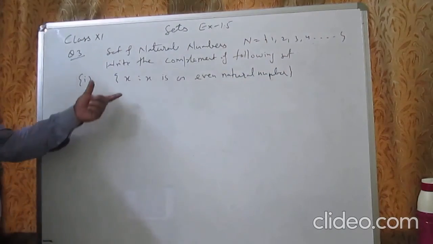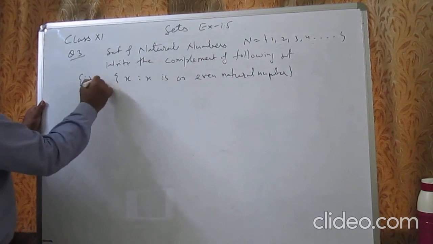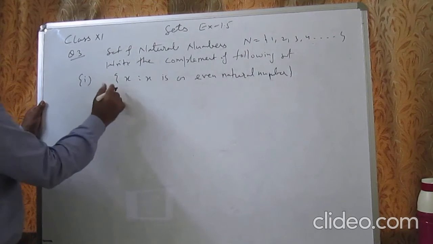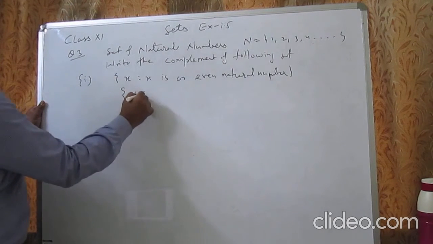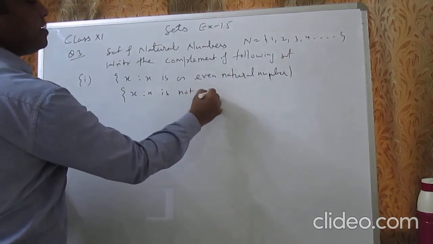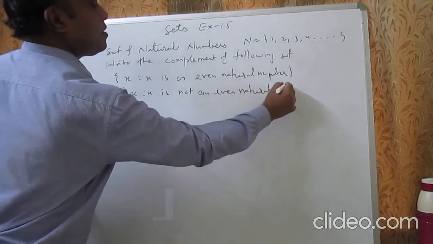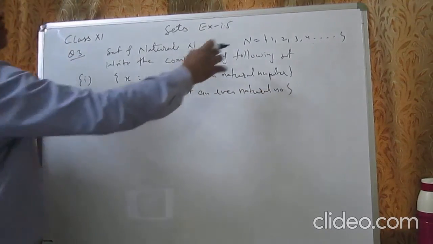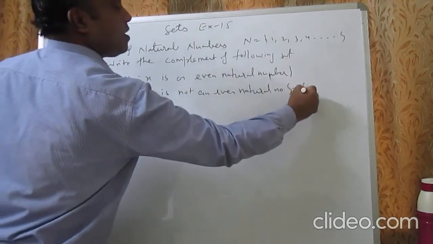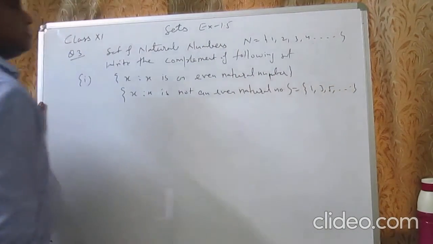So what is the complement of this? x such that x is not an even natural number. Not an even natural number means odd numbers: 1, 3, 5, and so on.